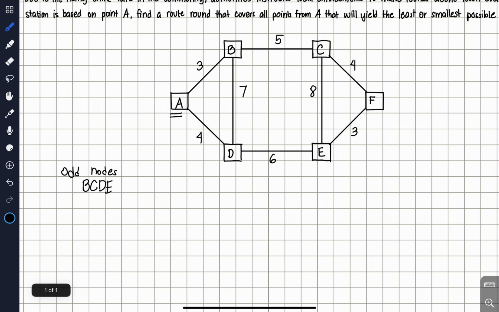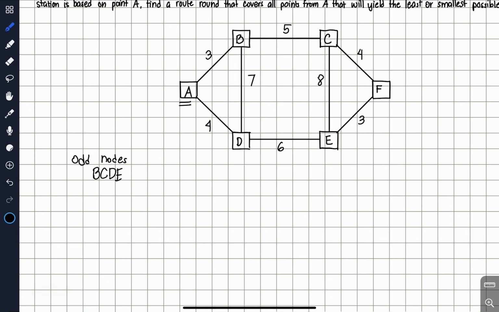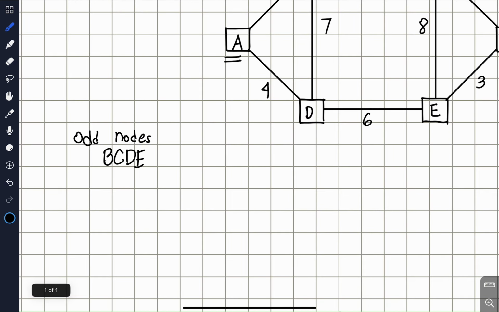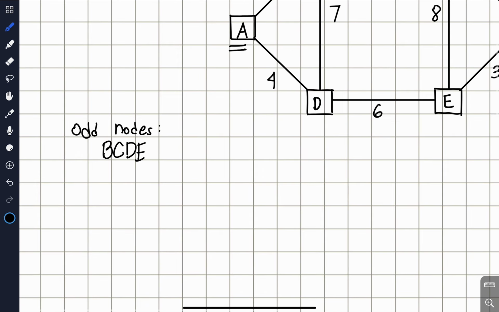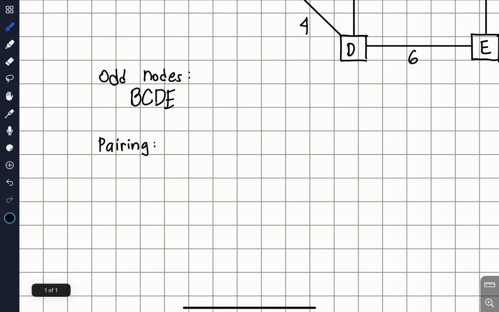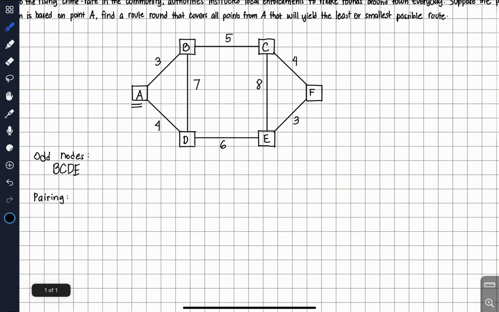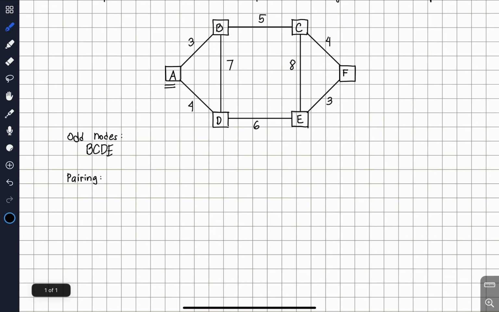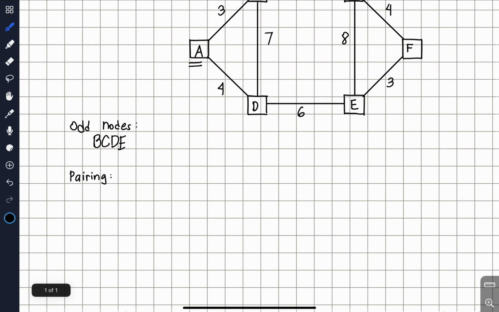So after identifying our odd nodes, we proceed with the pairing. So our process in pairing will refer to the odd nodes we've identified. We can have a random assignment for two vertices.